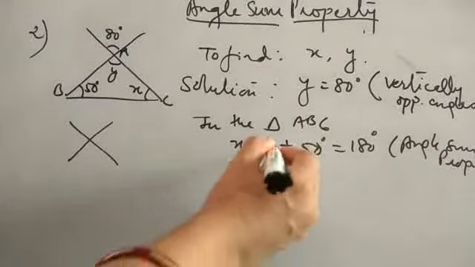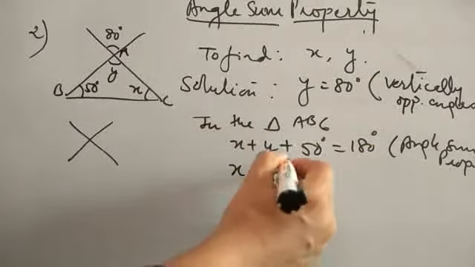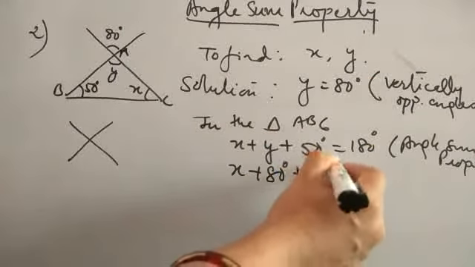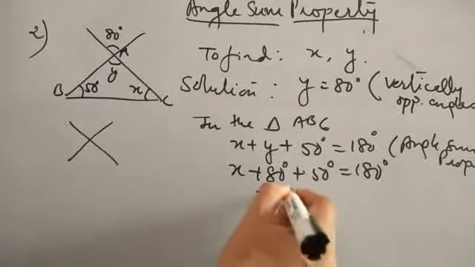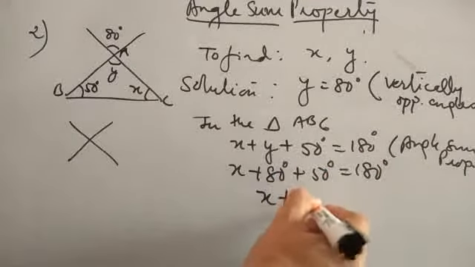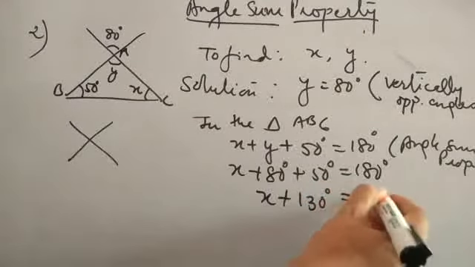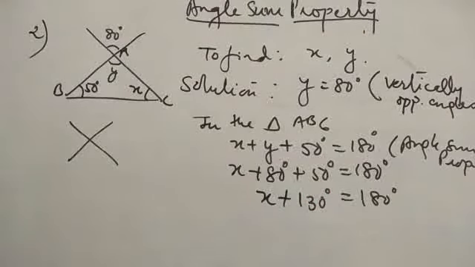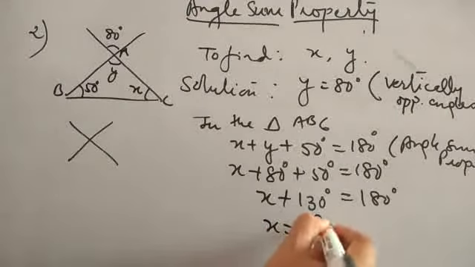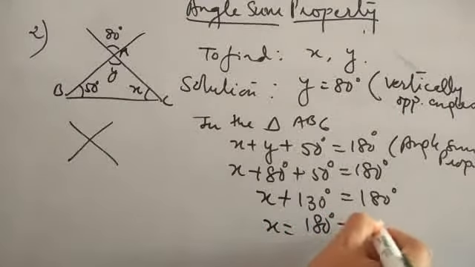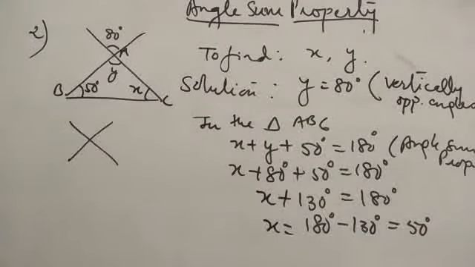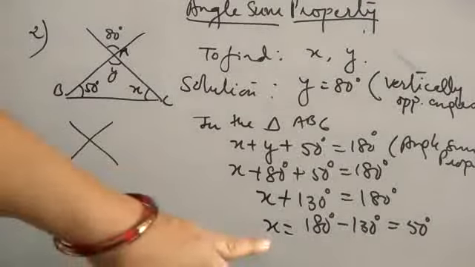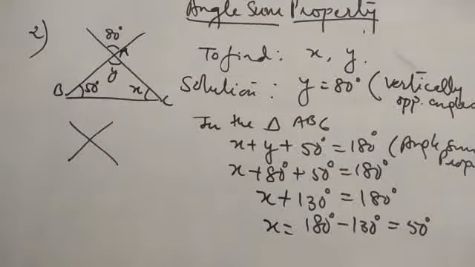Now the value of y is 80 degrees, substitute in its place. x plus 80 plus 50 becomes 130 degrees, and this is 180 degrees. So x is equal to 180 minus 130, that is 50 degrees. So the value of x is 50 degrees.